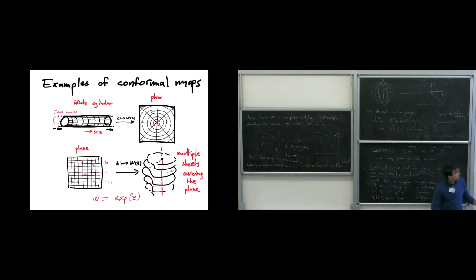You can think of this as branch cuts, or if you prefer, as multiple sheets that are covering the plane with a singularity at the origin. Okay, this is what is called a Riemann surface.